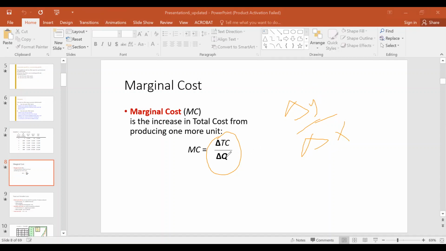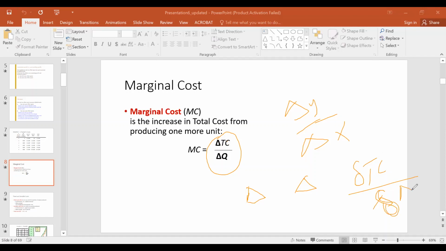So if you were to produce 1 more, a change in quantity, the quantity produced, how much does your cost change? It is the change in total cost as a result of producing an additional unit. By the way, Q will be units produced, or output, or quantity. TC is total cost. The symbol delta refers to change. It's also like the derivative of total cost with respect to quantity.